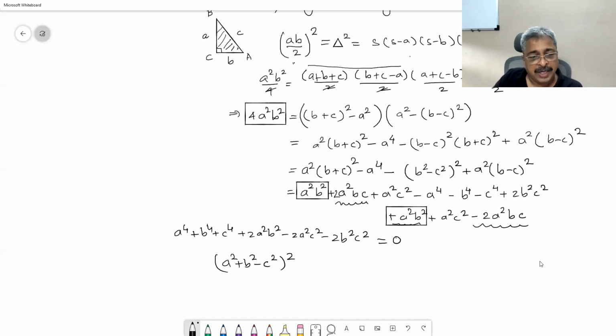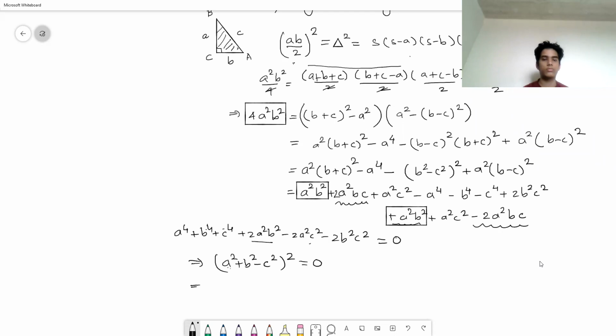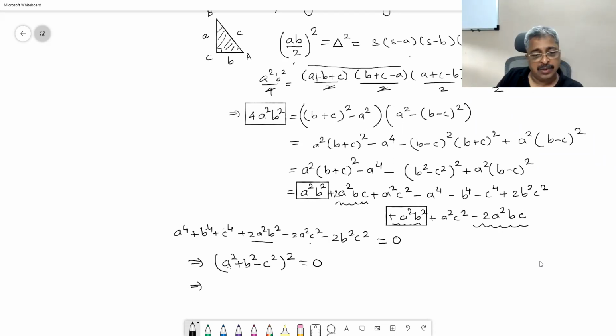If we expand, we will get A fourth, B fourth, C fourth plus 2A square B square minus 2A square C square minus 2B square C square should be equal to 0. And if the square is 0, then whatever is inside the bracket is also 0. This implies A square plus B square is equal to C square. Pythagoras theorem is true.